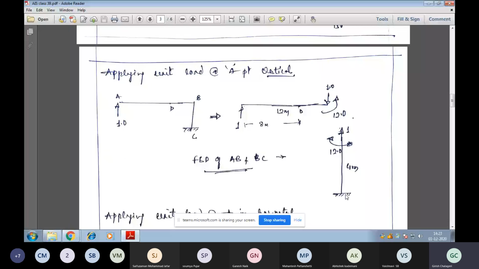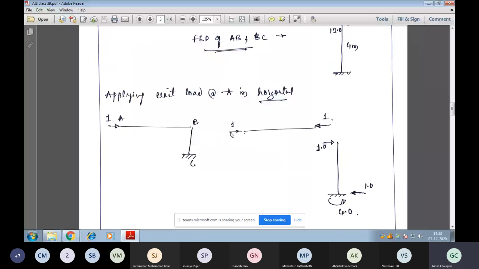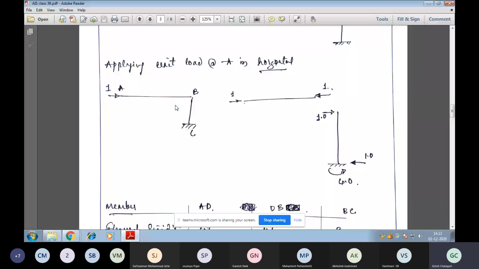So this is a free body diagram for member AB and AC when we applied a unit load in the vertical direction. So similarly, the second coordinate, that is horizontal force. So we are applying a unit load in horizontal directions. You can see here the free body diagram of AB and BC will be in this form.